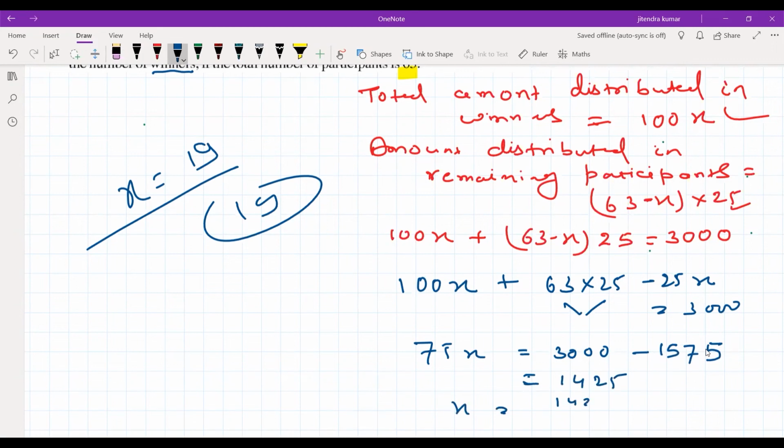So x is equal to 1425 upon 75. When we simplify it, it will give 19. Okay, so we have completed this exercise.